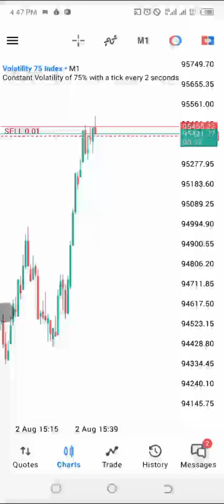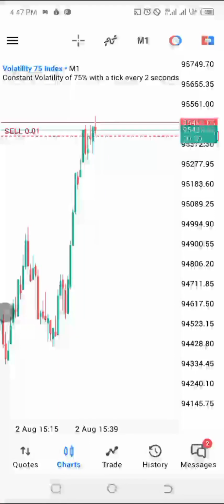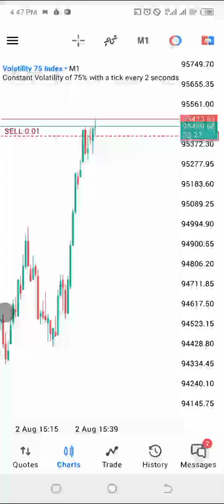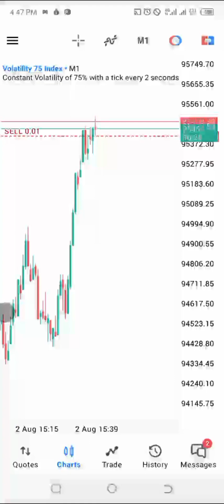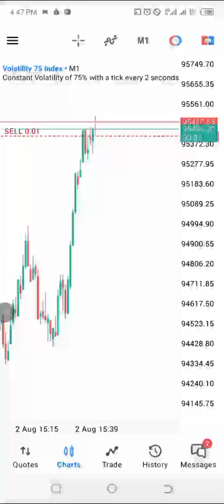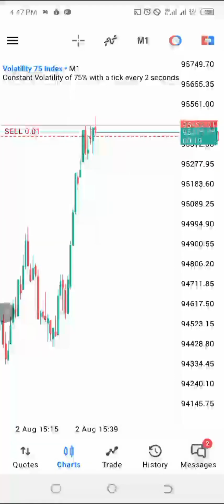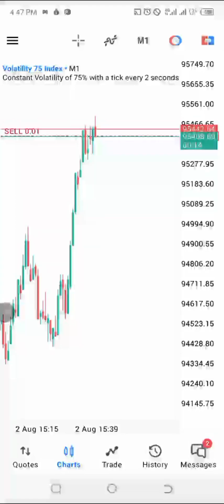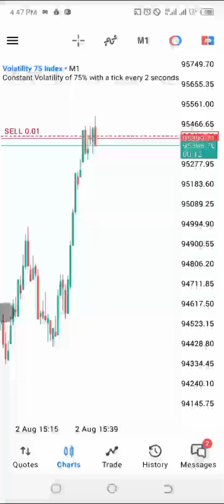That's 15,000 points. If you are risking 5 pips, that's 5,000 points. If you are risking 10 pips, that's 10,000 points. If you are risking 15 pips, that's 15,000 points. Whether you are risking or you want to gain, if you want to gain 50 pips in a trade, that's 50,000 points. If you want to gain 100 pips in a trade, that's 100,000 points.